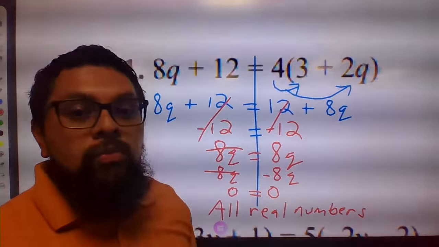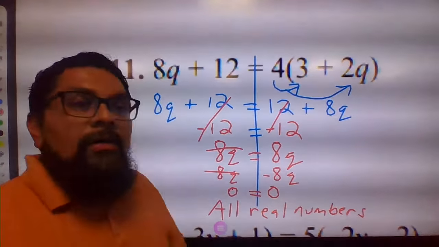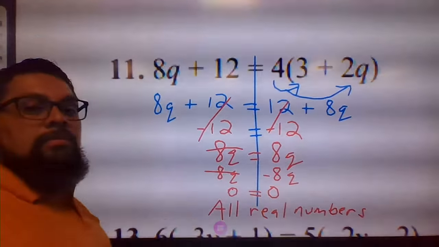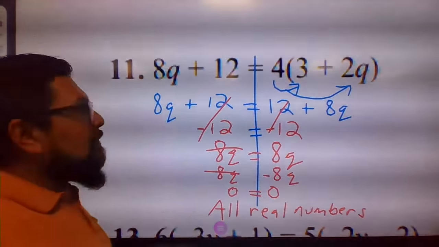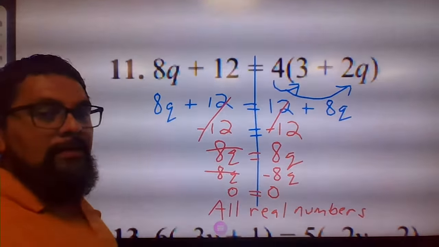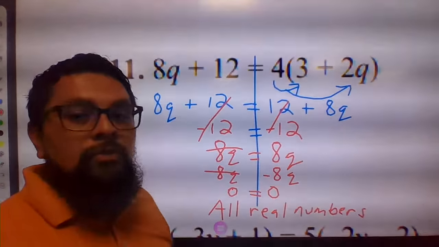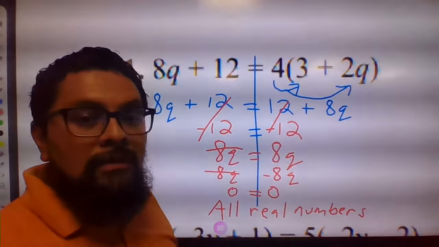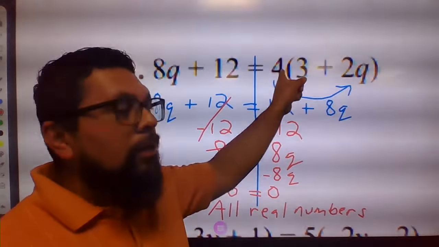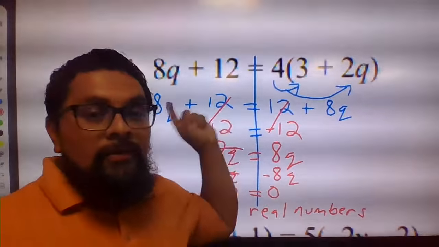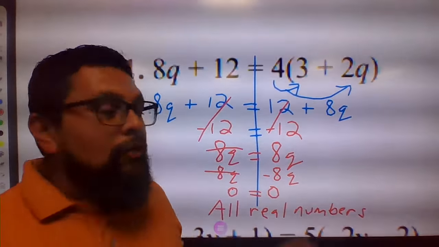Ooh. Same. Now, let's try a 1. What's 8 times 1? 8 plus 12? 20. Over here. What's 2 times 1? 2 plus 3? 5 times 4? 20. Any number you put in for q, you get equal.